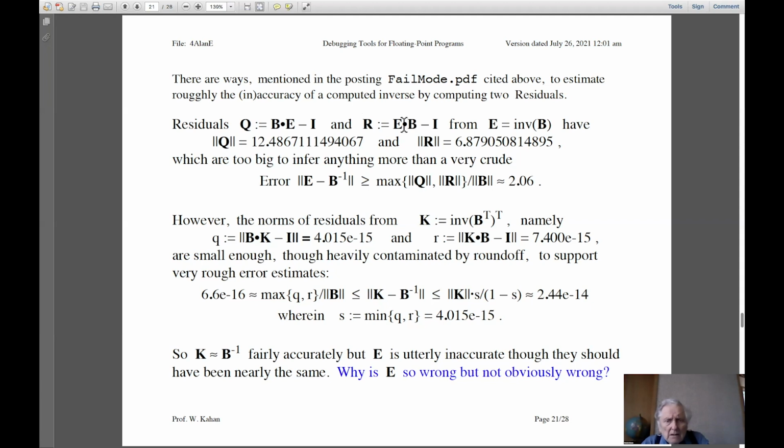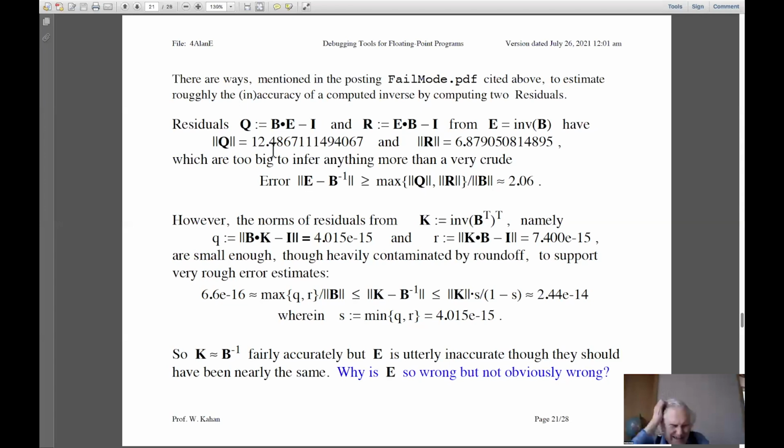And there's a different residual here, R, that's just obtained by reversing the order of multiplication. And look at them. Instead of being 0, Q is around 12.5 and R is around 7.